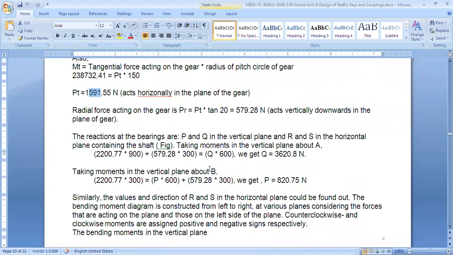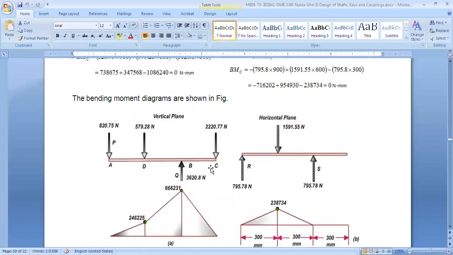Now we'll go ahead and try to find the reactions at the bearings. To find the reactions, see, this is the diagram. In this diagram, we have to draw two diagrams, one for the horizontal plane and one for the vertical plane.